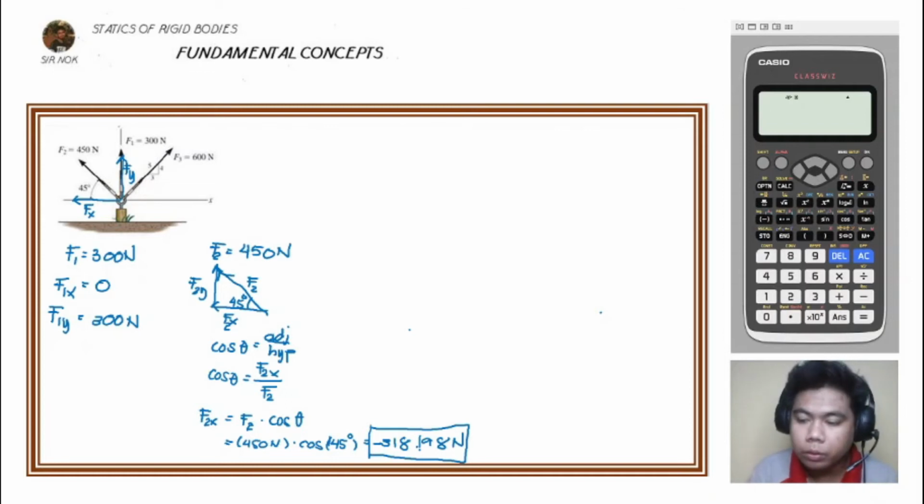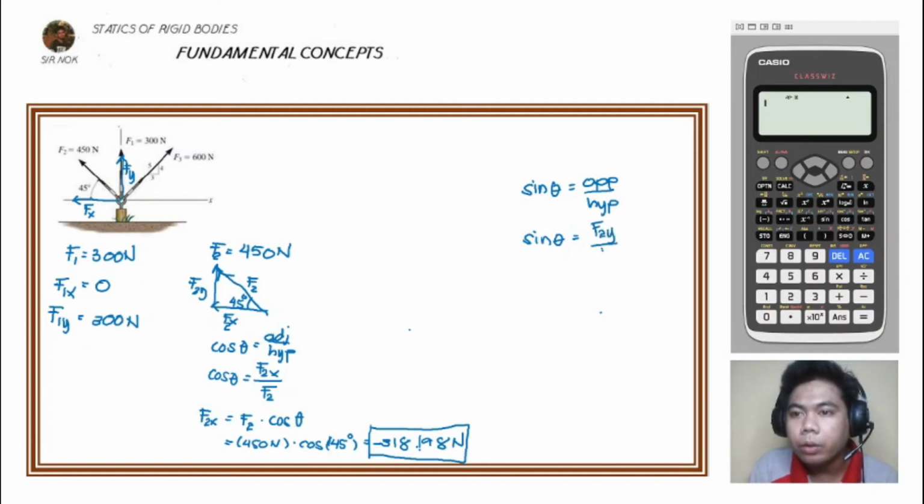Next, we're going to solve for the y component, or F2y. So it is the opposite side of the angle, 45 degrees. So we're going to use sine theta equal to opposite over hypotenuse. So sine theta is equal to F2y over F, cross multiply. So F2y is equal to F times sine theta.